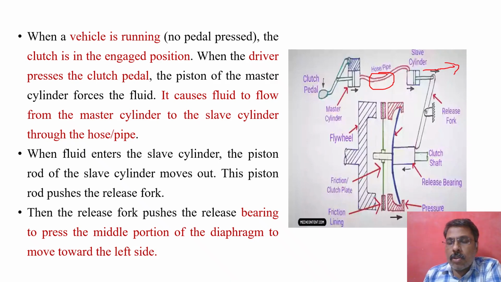Due to this slave cylinder action, the fork lever moves in this direction, which causes this bearing setup to push the diaphragm, and it forms the conical shape.